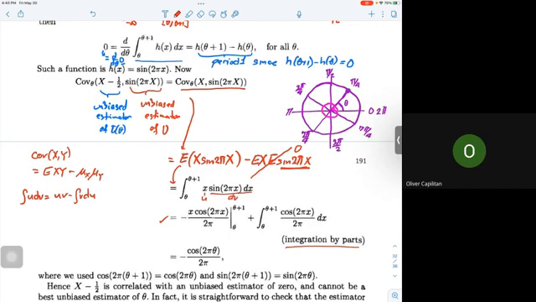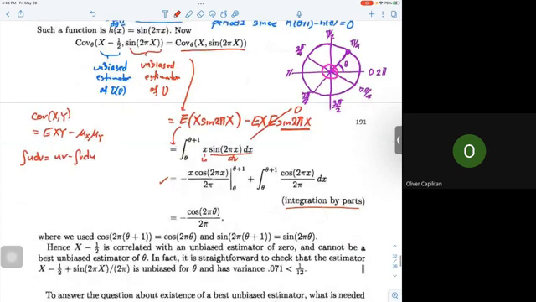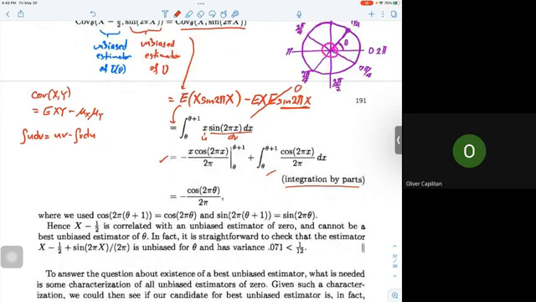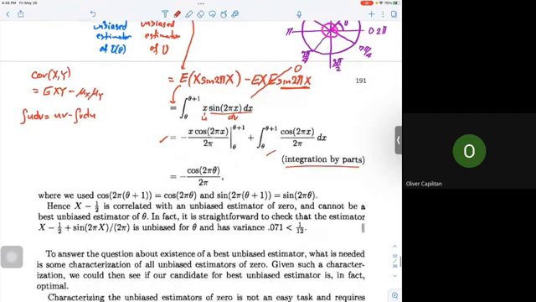Alam natin yung v. Integrable na ito. So we have that result, and we see that the covariance of x minus 1/2 and sine 2 pi x is not equal to 0, which is the negative of cosine 2 pi theta over 2 pi. So we use the identity here.